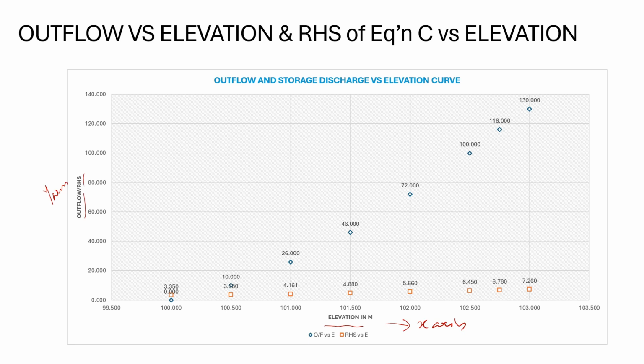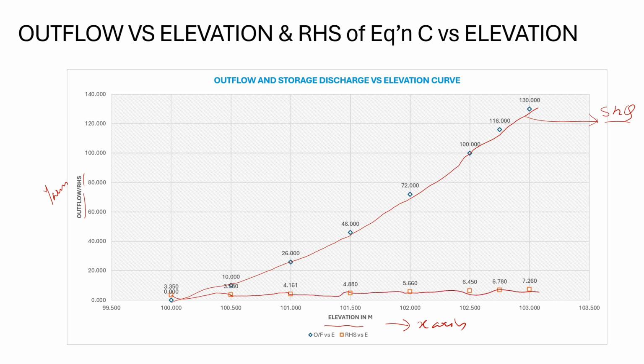So this is your graph of outflow versus elevation derived from that tabular data of storage, elevation and discharge given in the point A, mind it. And this is your 2S2 by del T plus Q2, that means RHS of equation C data.